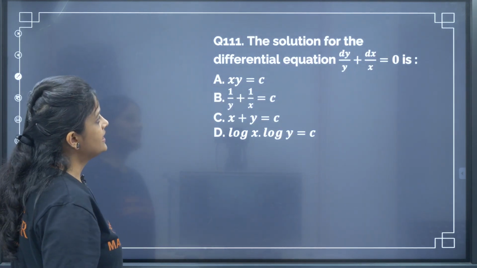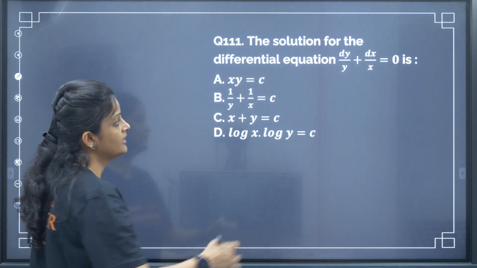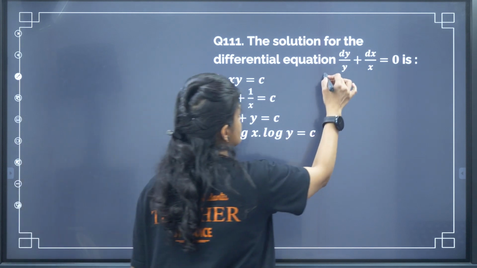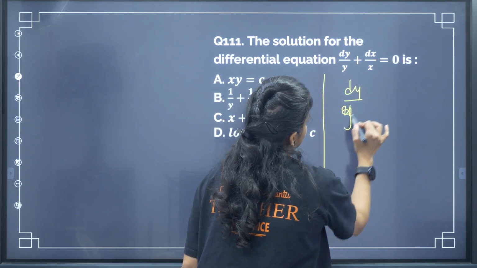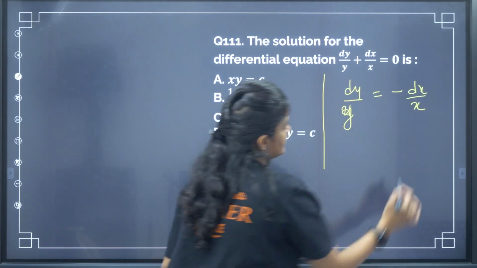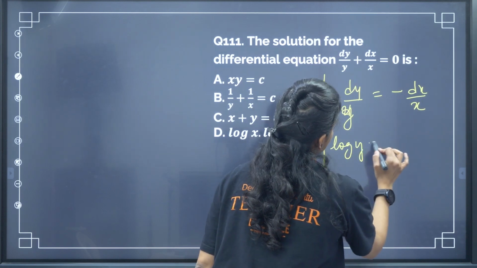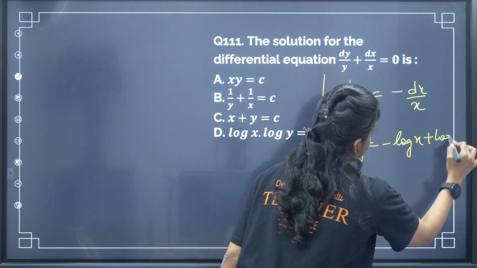111. The solution for the differential equation dy by y plus dx by x is equal to 0. So if I need the solution, I need to integrate. Send it to the other side and integrate: log y equals minus log x plus log c.